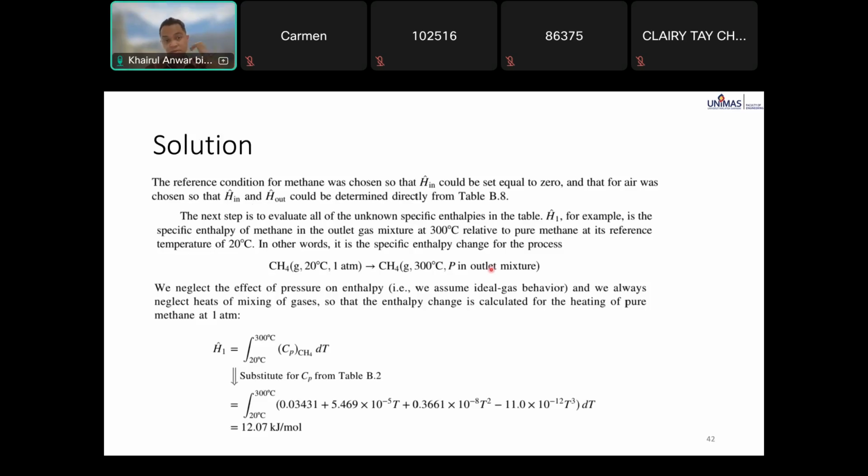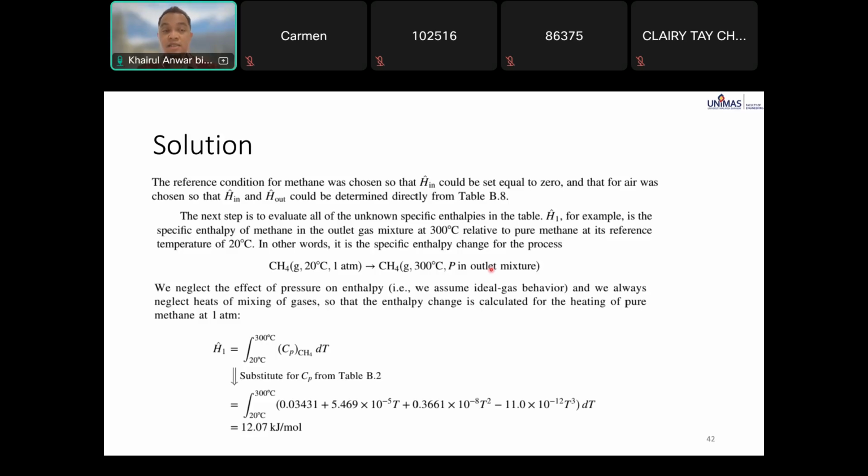And that for air was chosen so that H in and H out could be determined directly from table B8, which is easier. If you use table B2 it is fine as well, no problem, but you need to do the integration. The next step is to evaluate all of the unknown specific enthalpy in the table.